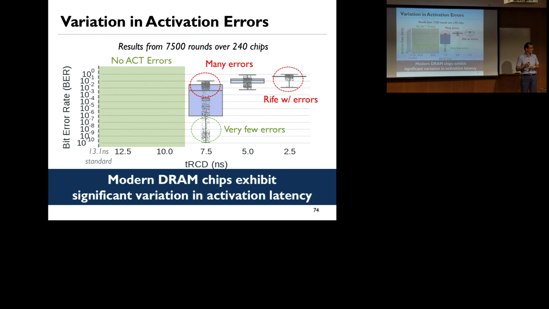Yes? Do you distinguish between failure in read and write? Because in read, because you have the ECC, not always you care about errors. On write, you do care. Yeah. So in this case, we don't use ECC. These are non-ECC chips, but we don't distinguish them. But I think that's a good idea to look at, to go into more finer grain characterization of the errors. Maybe in some cases you don't care about errors.